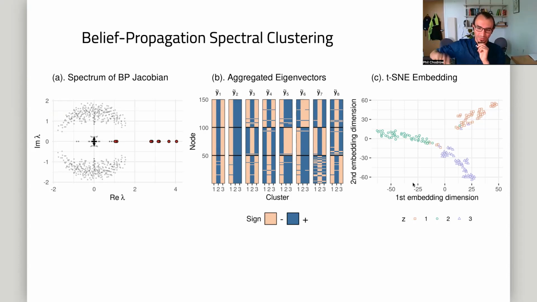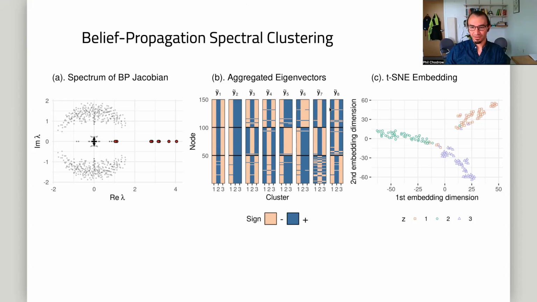From these eigenvectors, we extract features that I'm showing you in B. Here I'm showing, for visualization purposes, the signs of the entries of these aggregated eigenvectors. We can see that some of these eigenvectors, for example y1 and y2, are not useful for clustering. They will help us not at all when we are trying to do clustering.